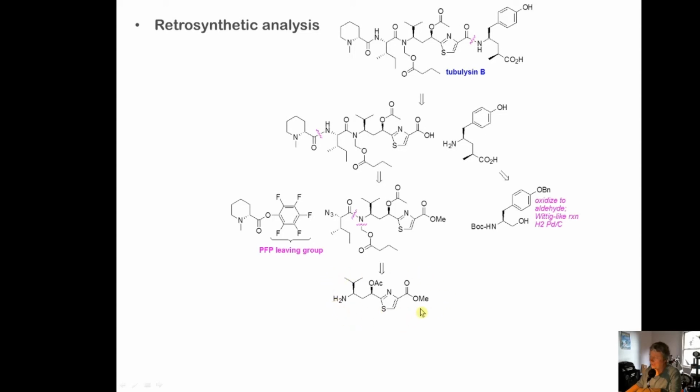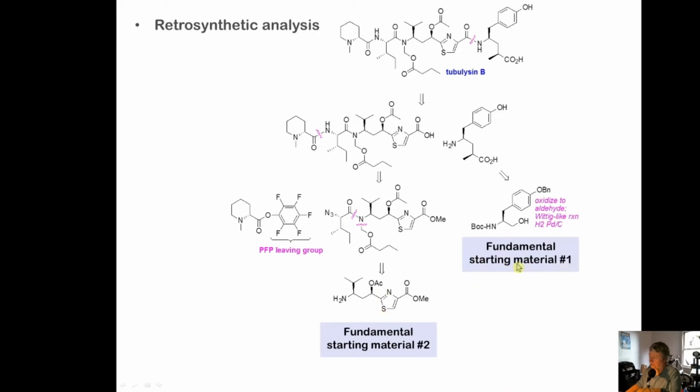So in the end, their starting materials: fundamental starting material number 1, which is a tyrosine derivative, and fundamental starting material number 2, which is this piece that has a couple of the chiral centers. It's got an acetate, which of course is present in the final product. And it's got a valine looking thing, an isopropyl group here.